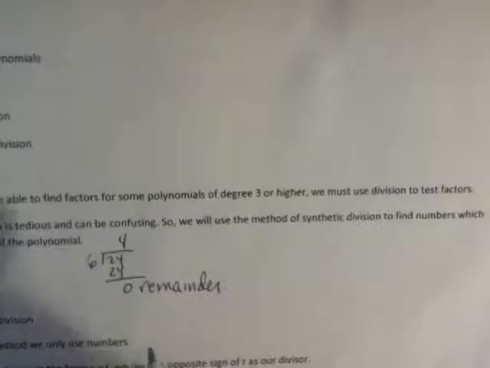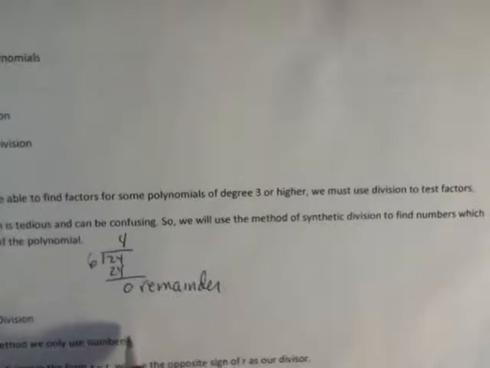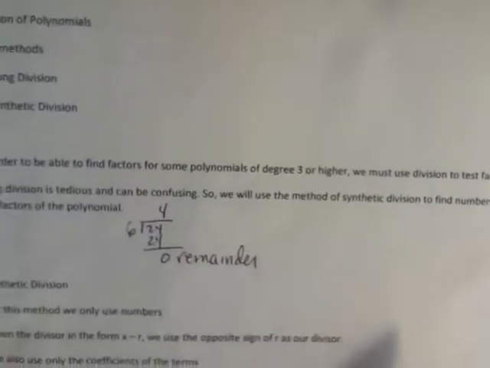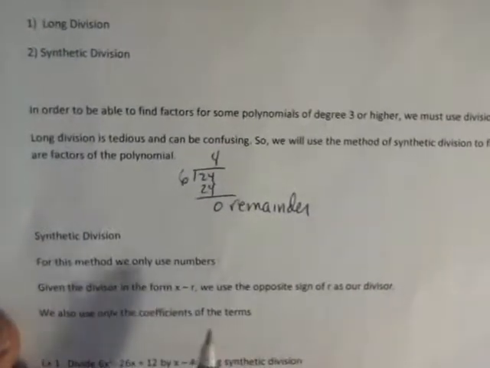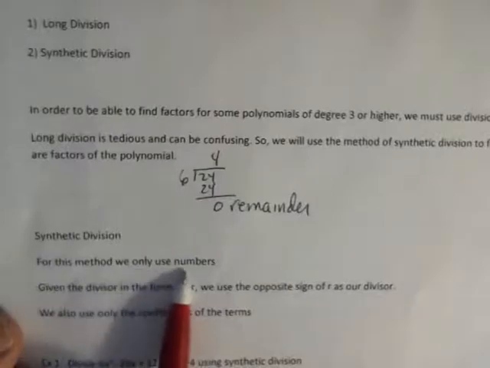So it kind of goes back to what we did in 5.1, where we had polynomials in factored form and we graphed them. We're going to be taking the polynomial in expanded form and finding factors. So the way we do it is synthetic division. Now, for this method, we only use numbers.